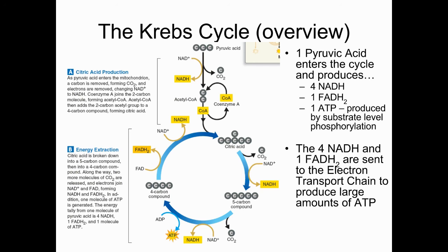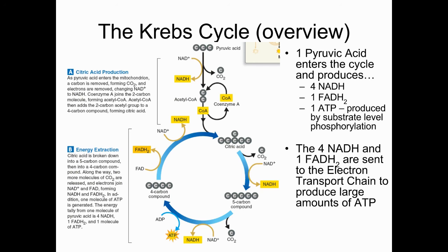How many do we produce in glycolysis? 2. How many do we produce per glucose in this? We have 1 per pyruvic acid, which per glucose would be 2. So we've only produced 4 ATPs. How many do we need to get to? 38. Right? So we have 34 more ATPs to go.